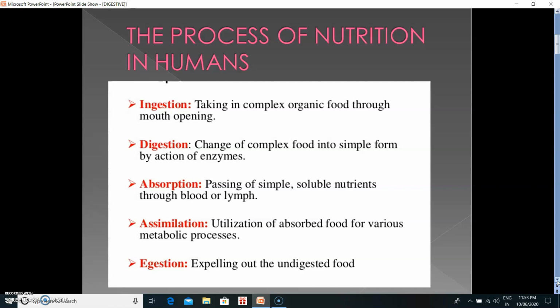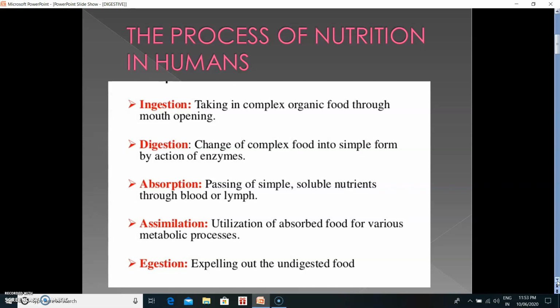Now, you need to understand this one by one and you need to learn it by heart. What is ingestion? Ingestion is the first stage of nutrition in which food is taken in through the mouth. Whatever you take in through the mouth, that process is known as ingestion. Second stage is your digestion.